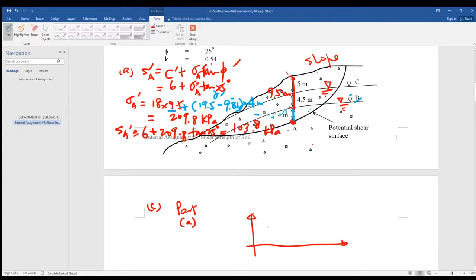Now, first of all, you draw the Mohr-Coulomb envelope, right? C equals what? 6, right? And here you've got 25 degrees. It's given, right? The soil properties.